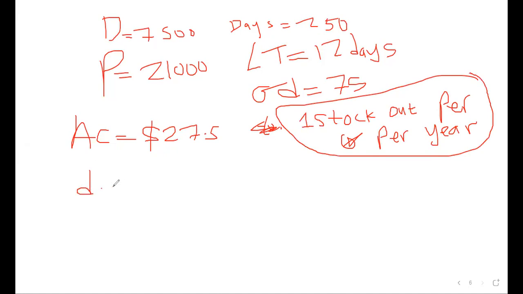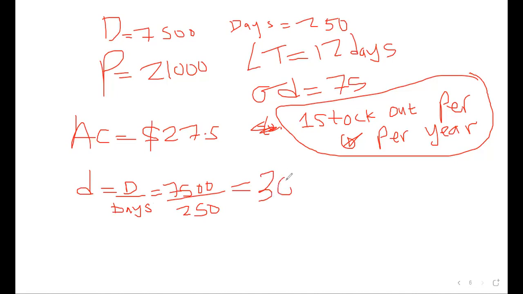So our daily demand is equal to annual demand divided by days. All right. So it is 75 divided by 250, which is going to give us 30 units.